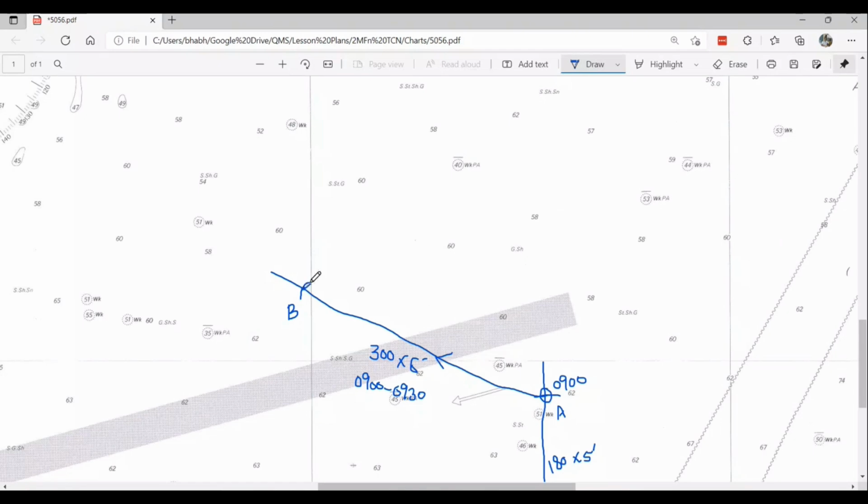The course which we are steering is 050, and the distance which we will steam is 5 nautical miles. So let me write here 050 into 5 miles. This is our track from 10:30 to 1100. We can mark off with a single arrow.